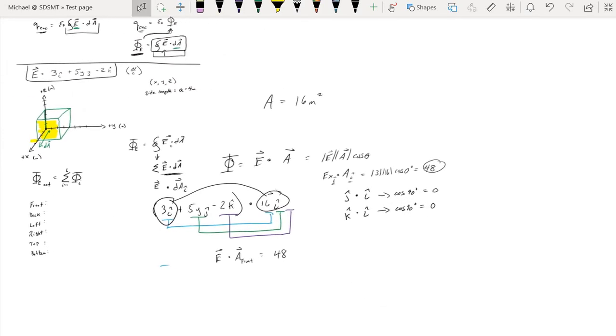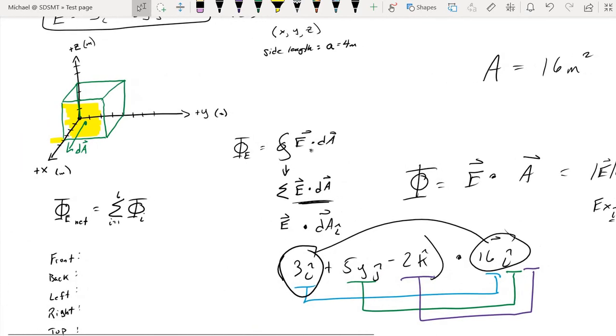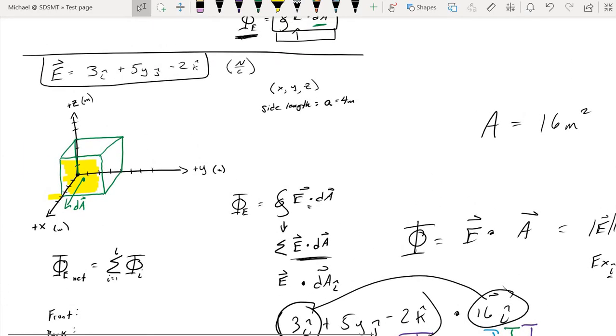And if we think about that a little harder, when it comes to the electric field, that electric field has components that are pointing in the x, y, and z directions. And it is only that x component of the electric field that is actually going to pass through the front face of that cube.